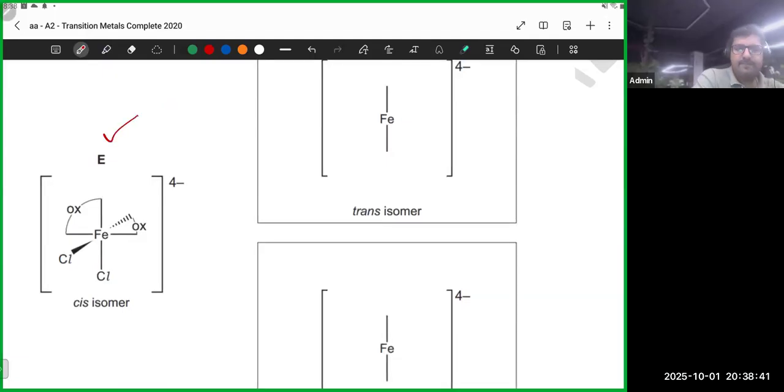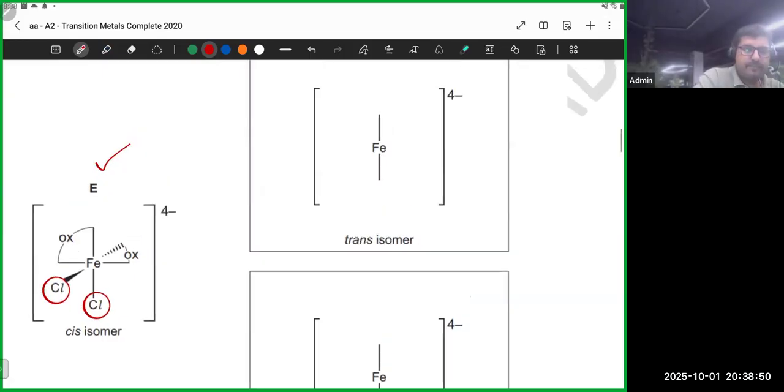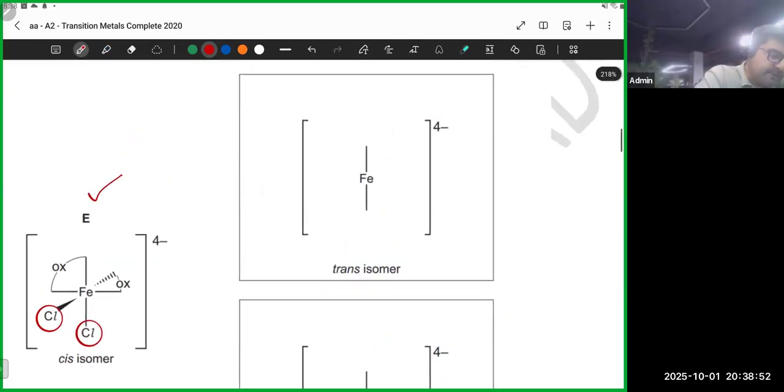Now this is the cis version because if you look carefully, the Cls are on the same side. So I would have to draw the trans version, which is that the Cls have to be on opposite sides, and the dotted line.